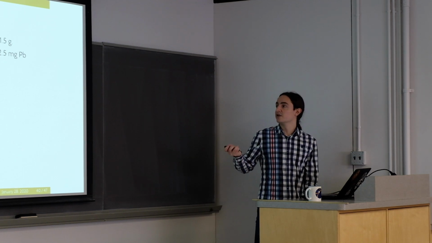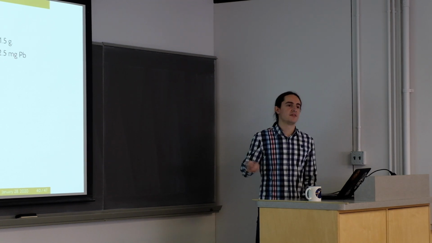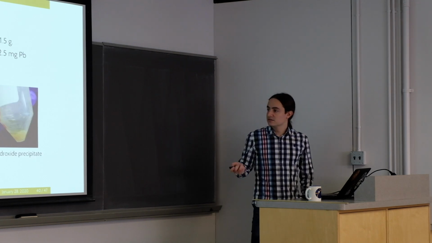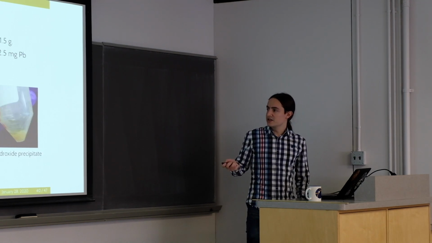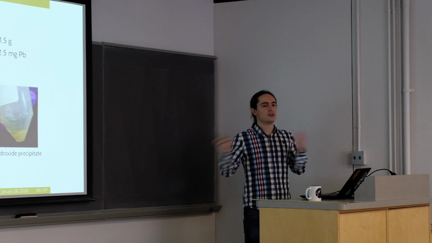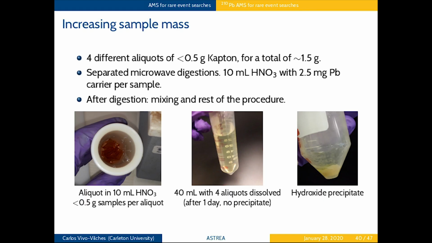So we do 4 different aliquots with 1/4 of the carrier each, and in the end mix all the solutions into one and continue with the whole procedure. And we see in the end that we have more or less the same lead hydroxide amount that we had when we were using 0.15 grams of Kapton. So we are still separating everything that is in the Kapton from the lead.